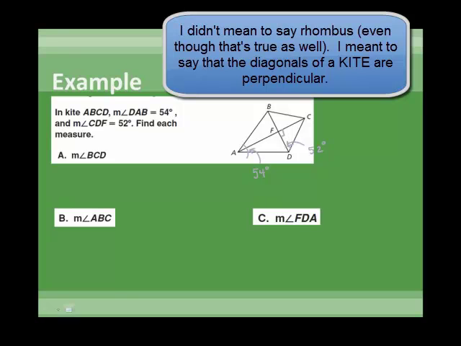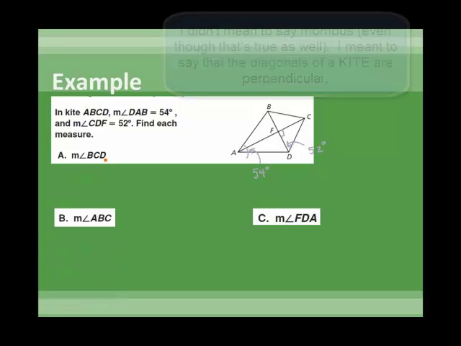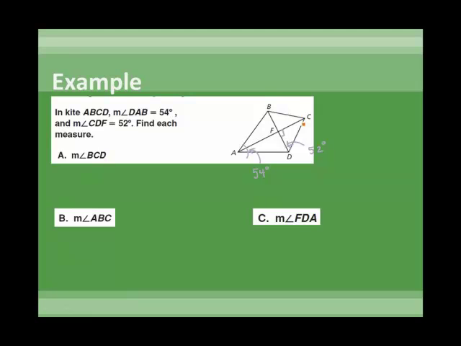So if we're looking for the measure of angle BCD, where is BCD? BCD, that's this whole angle here. So what I'm going to do is 180 minus 90 minus 52, and that gives me 90 minus 52, which is 38.